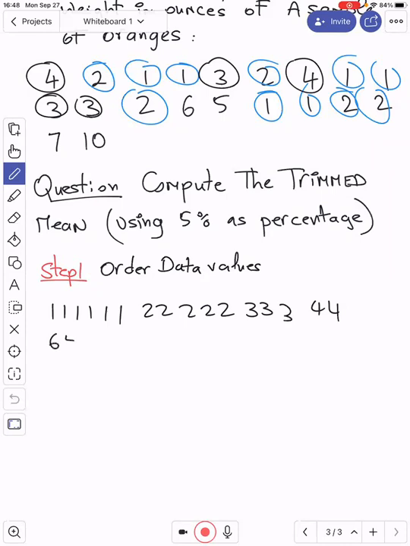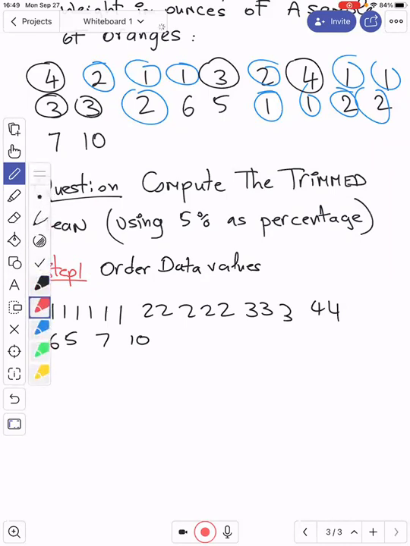I think I got 4, 6, 7, 8, 9. That's 20, right? 20 data values. Yes, 20 data values.